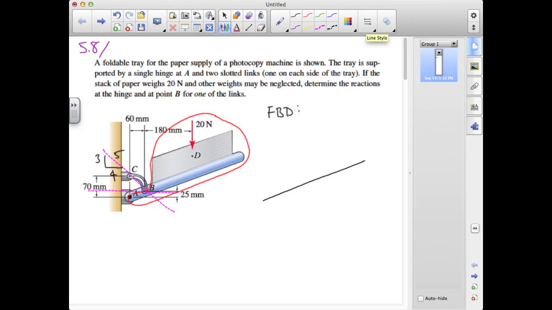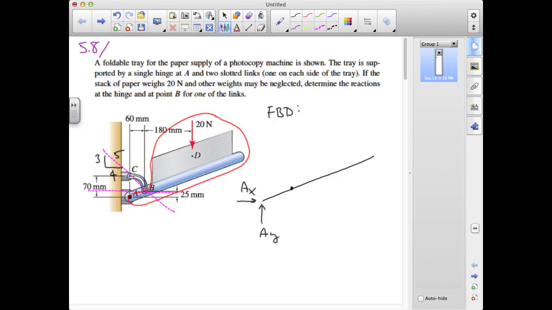So here's my tray. I've got a pin at A, so I'm going to have an AX and an AY. I've got my pin at B as part of my slotted link, and the problem statement tells me I've got a slotted link on either side of this tray. So we go into the plane of the screen, and on the other side of the tray is another slotted link.